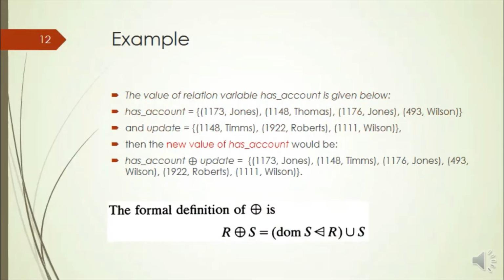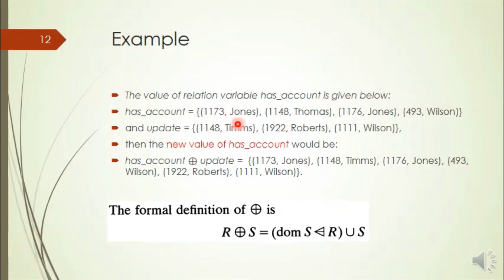Let us demonstrate the overriding operator with an example and consider a relation variable has account in a banking system, and the value of relation variable has account contains four ordered pairs.